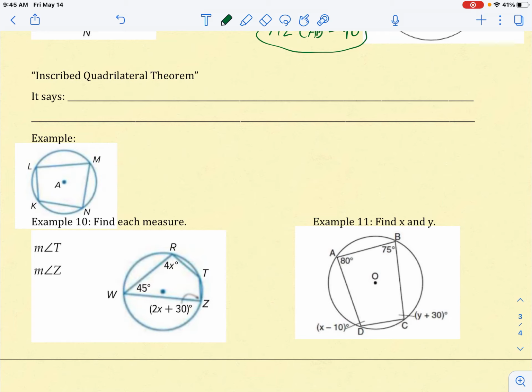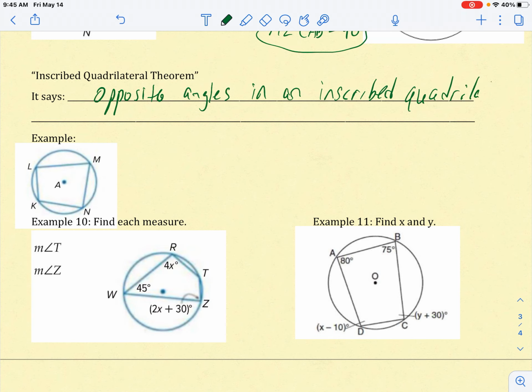Okay, last theorem is inscribed quadrilateral theorem, which says opposite angles in an inscribed quadrilateral are supplementary.